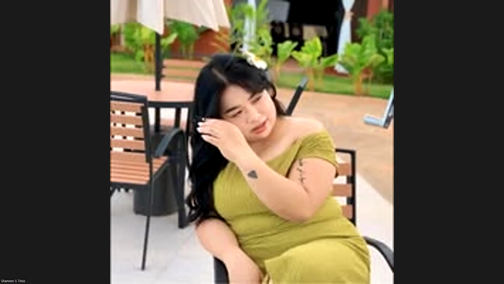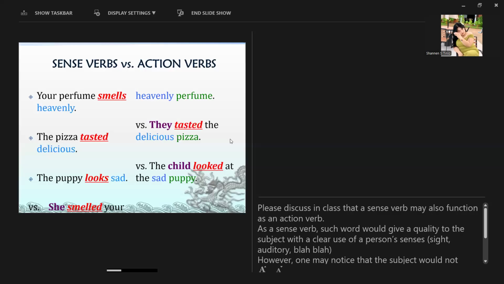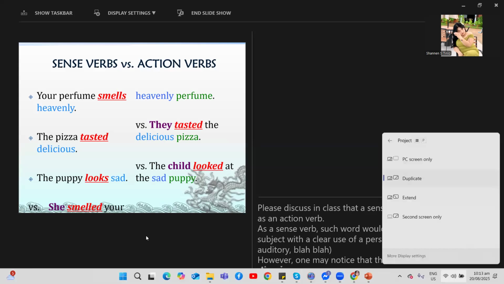So, guys, wait lang. There's a technical error on Zoom. It's not working properly. So, sa mga Zoom participants, can you currently see my screen or hear my audio? Is everything okay? Give me some feedback so I would know.